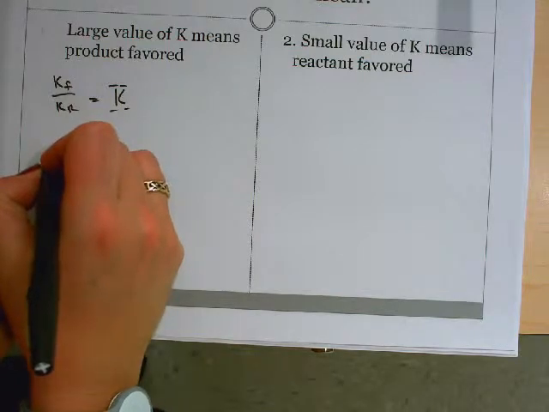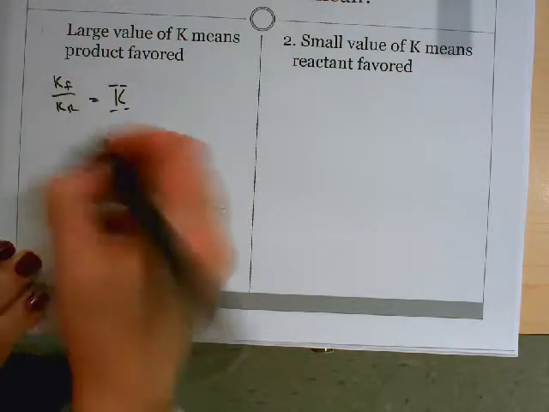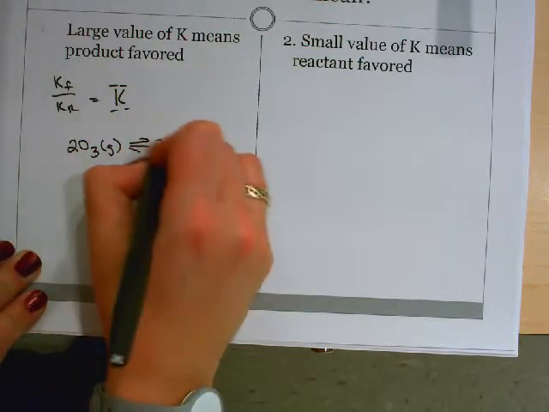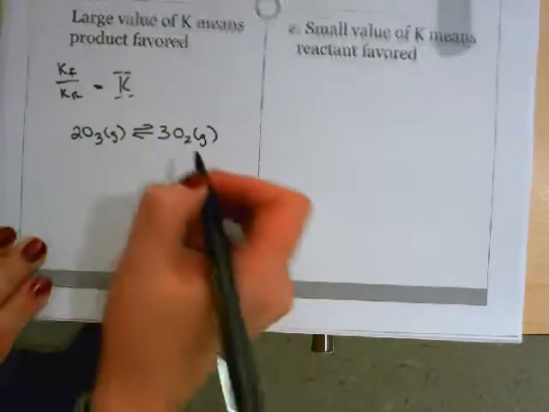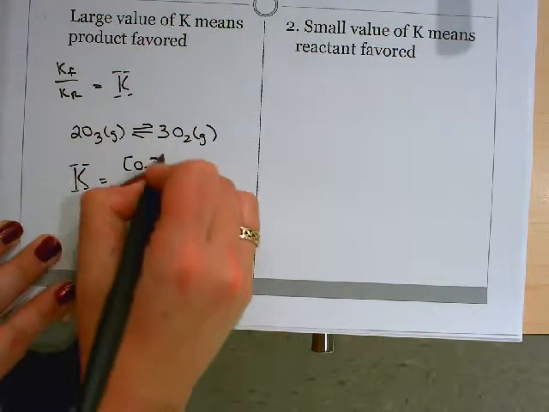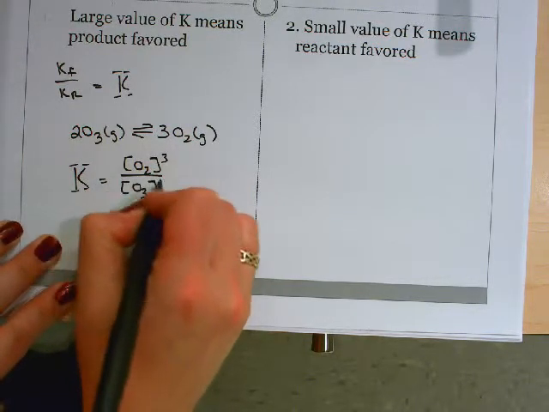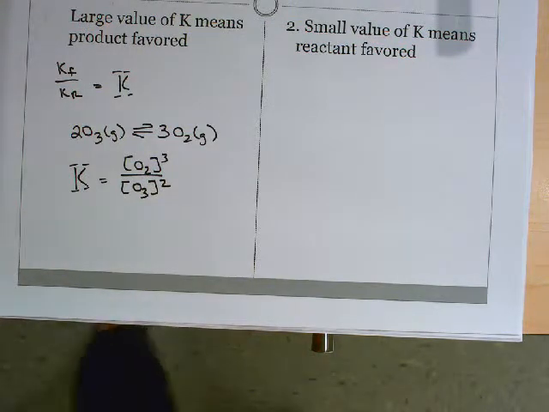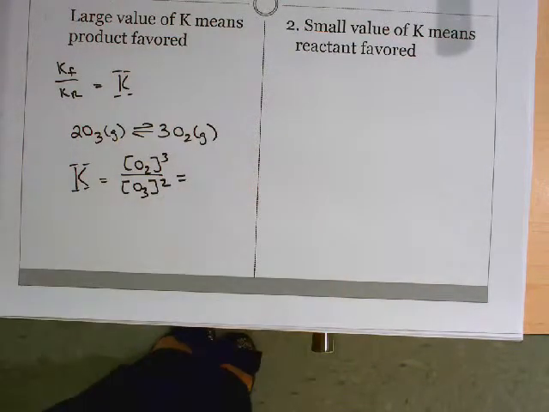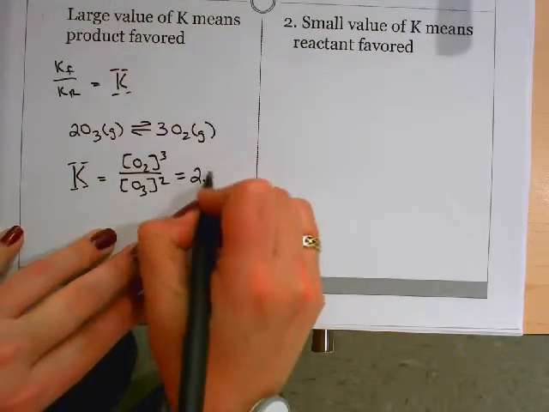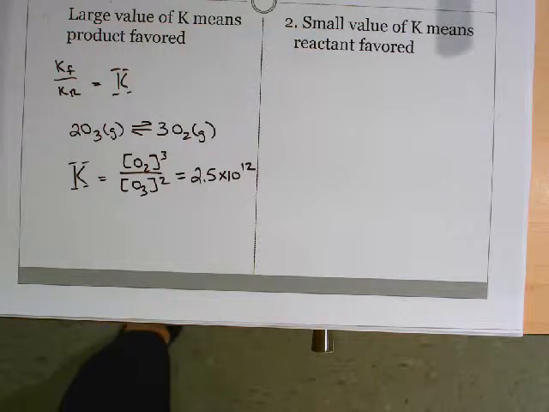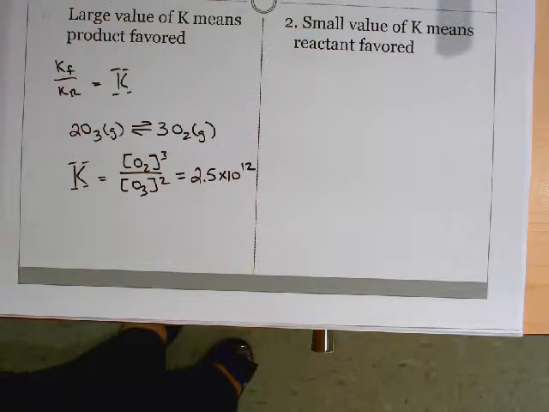I guess we can do the one I had before. I say that this big K has a value of .5 times 10 to the 12th. Gigantic K.